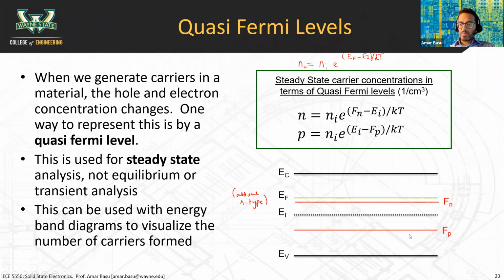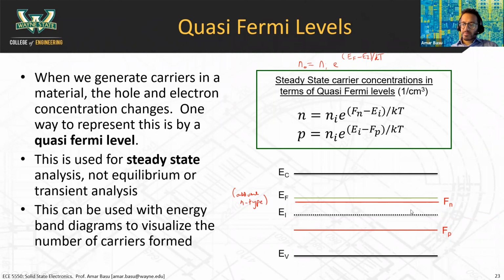So they're almost going to be mirror images of each other, because the excess electron concentration and the excess hole concentration are often the same. The exception I mentioned before is if they have different carrier lifetimes. So we introduced two additional lines in the energy band diagram, F sub n and F sub p.